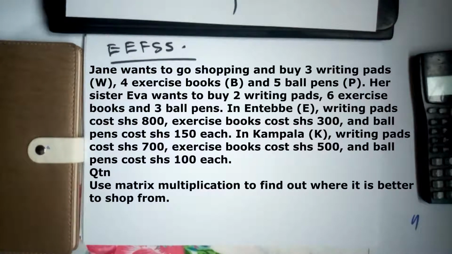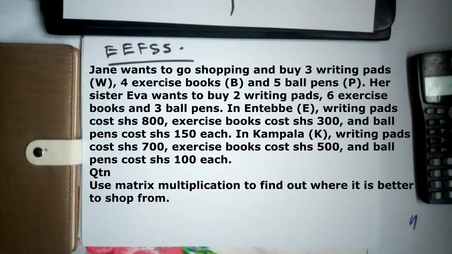Jane wants to go shopping and buy 3 writing pads, 4 exercise books, and 5 ballpoint pens. Her sister Eva wants to buy 2 writing pads, 8 exercise books, and 3 ballpoint pens. In Entebbe, a writing pad costs 800 shillings each, an exercise book costs 300 shillings each, and a ballpoint pen costs 150 shillings each.